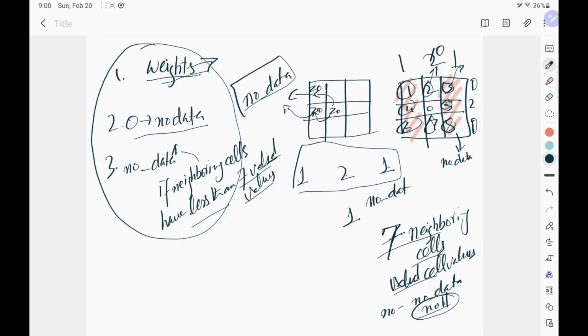So this is the change to keep in mind. The rest of the calculation is the same as we solved in our example before. The new aspect and new slope will have changed because of the weights and because of the rule for no data.